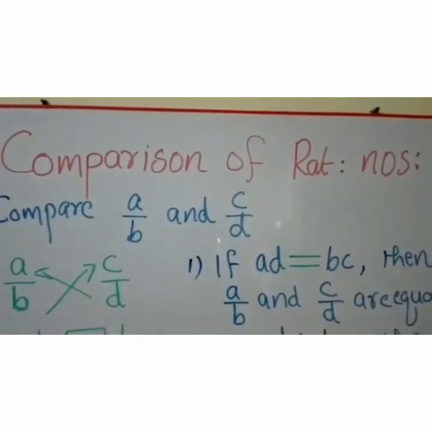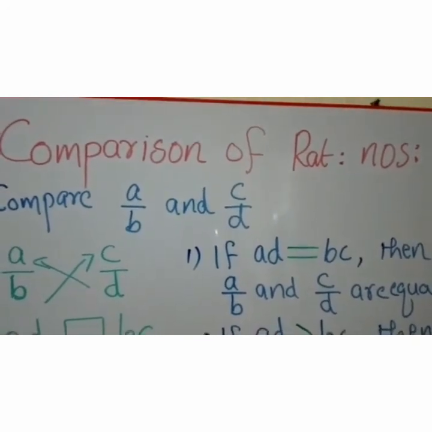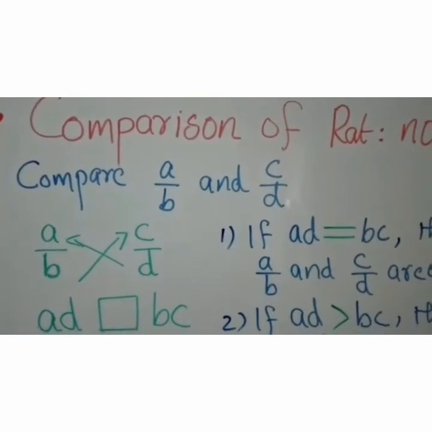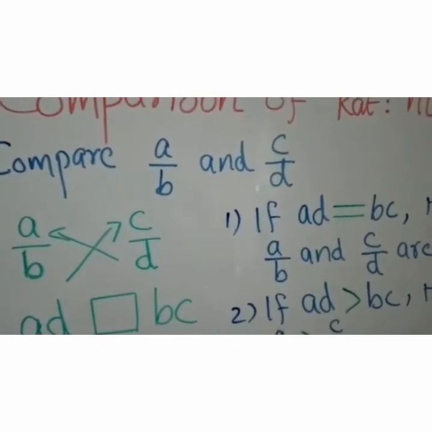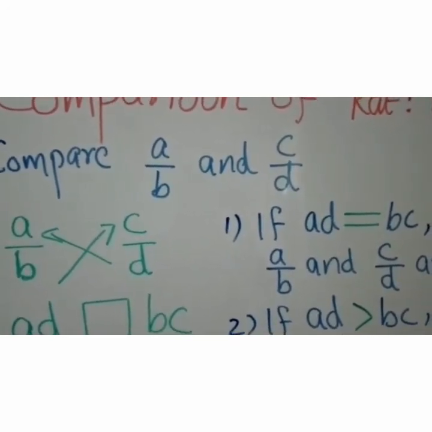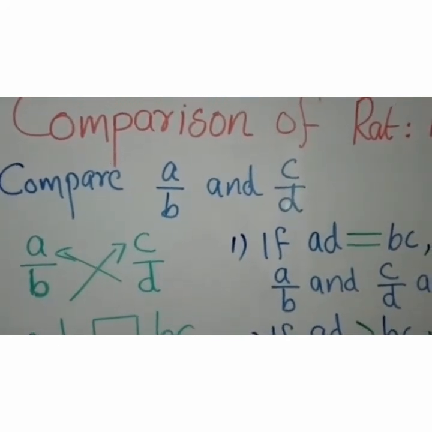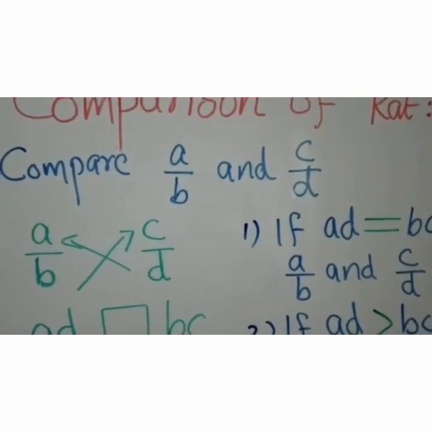Then the last topic in this session is comparison of rational numbers. Here I am going to teach you a general rule. Compare A divided by B and C divided by D. This can be positive or negative. For all the rational numbers, you can use this same rule. Just cross multiply.